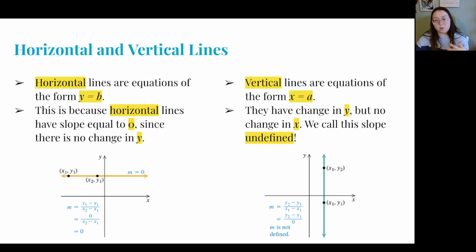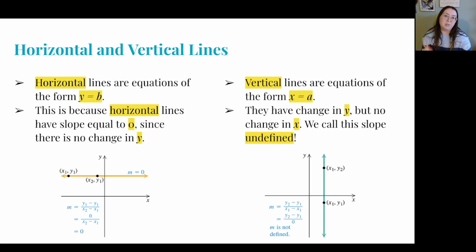That's like saying 1 minus 1, 5 minus 5, 10 minus 10. That's always going to equal 0. And so you have some number being divided by 0, which you can't do. You cannot divide by 0. So because of that, we would say that your slope is not defined, or undefined.